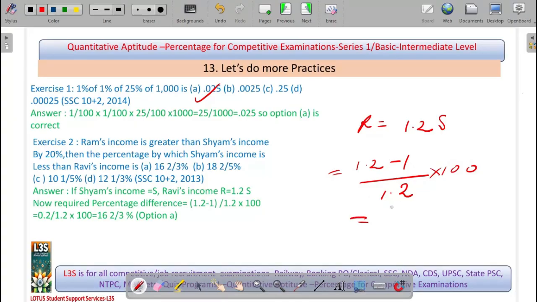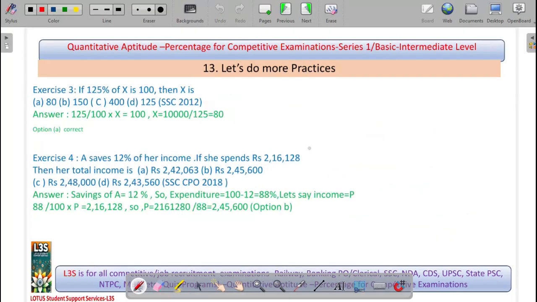So this will be coming 0.2 by 1.2 into 100, 16 2 by 3%. So this is the correct answer. Let's see the next question.